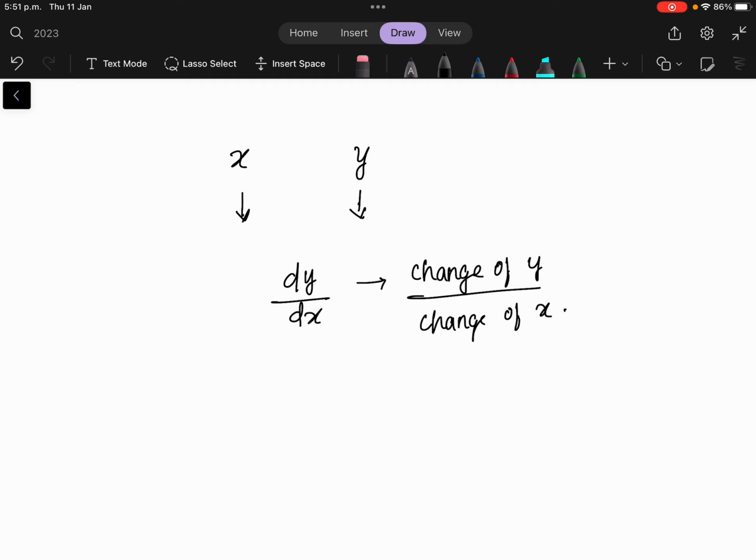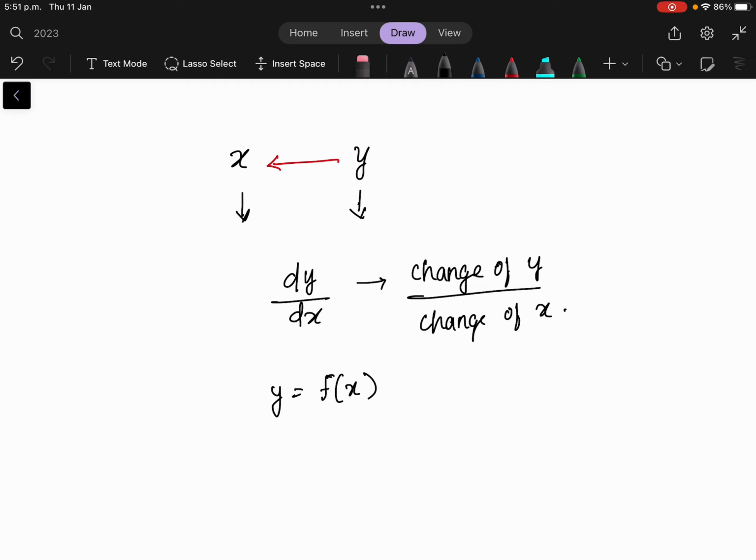So change of y depends on change of x. As x changes, y changes. So I can also write this as y is equal to f of x, because y is a function of x.